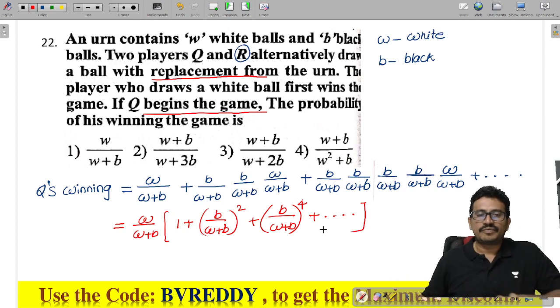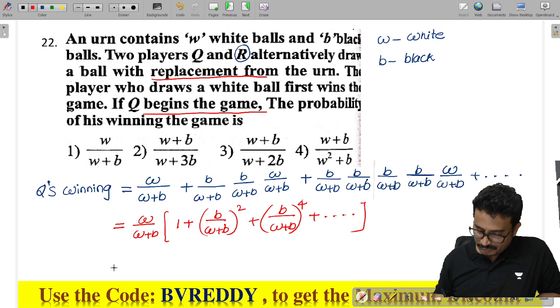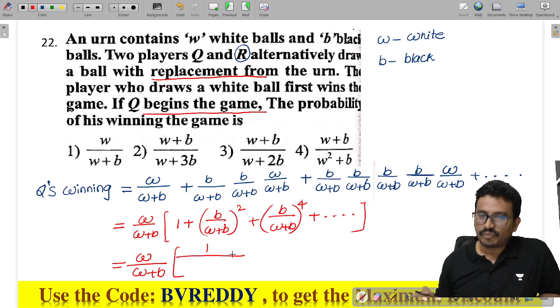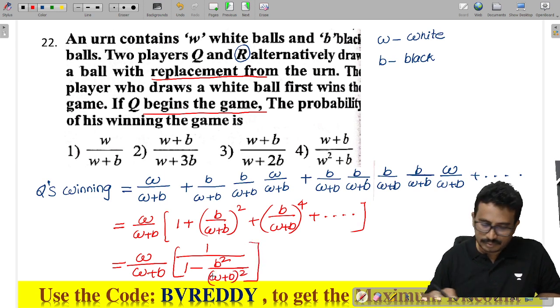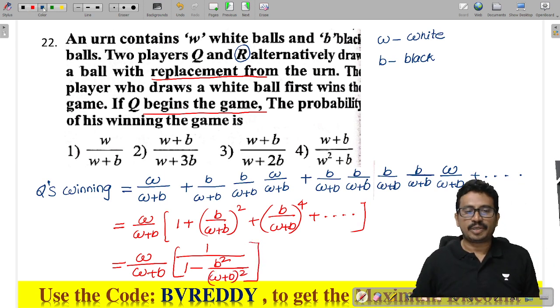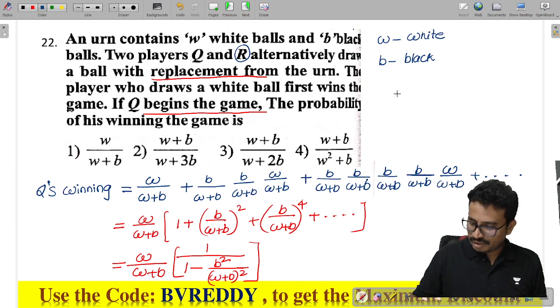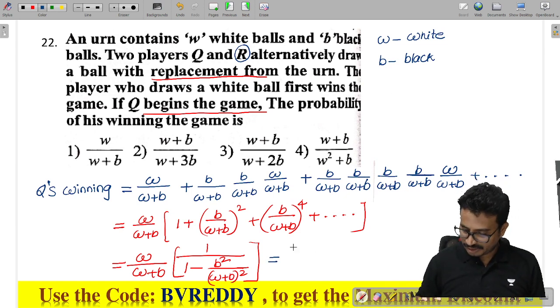Now you can see it is an infinite geometric series, which is W by W plus B into A by 1 minus R. R is how much, tell me now? B square by W plus B whole square. So finally, simplify, what answer will you get? W by W plus B.